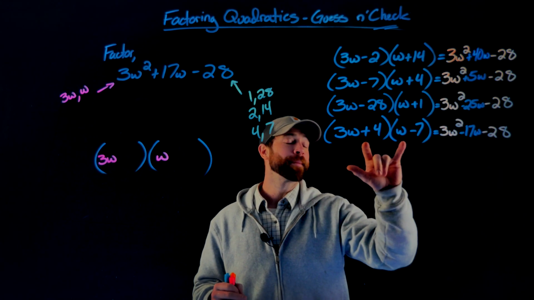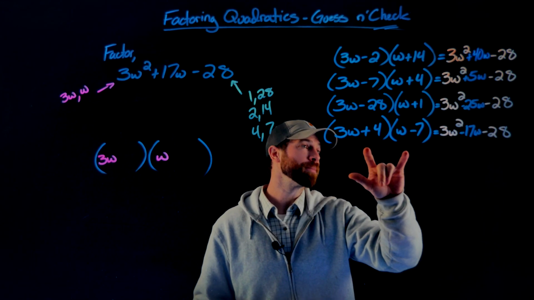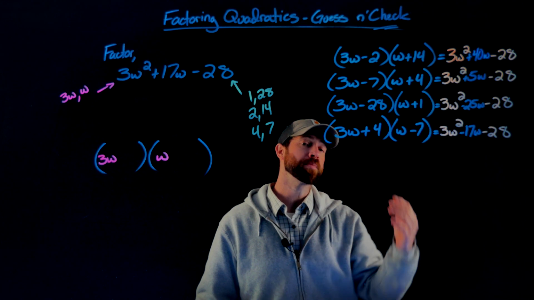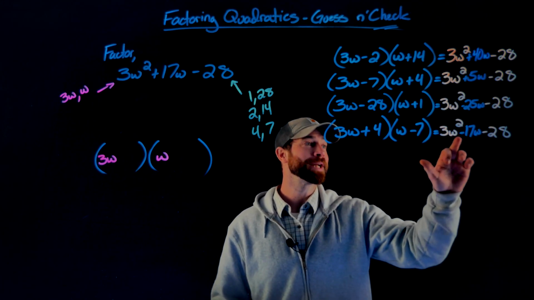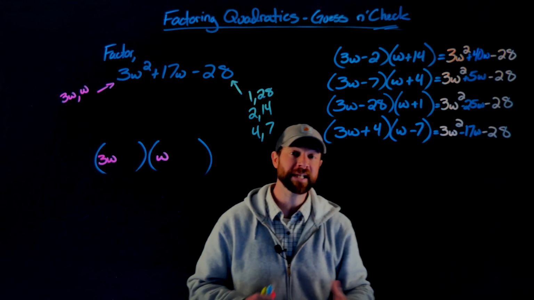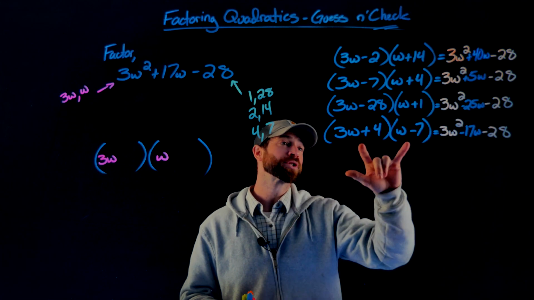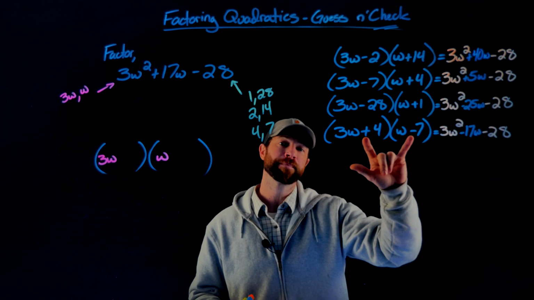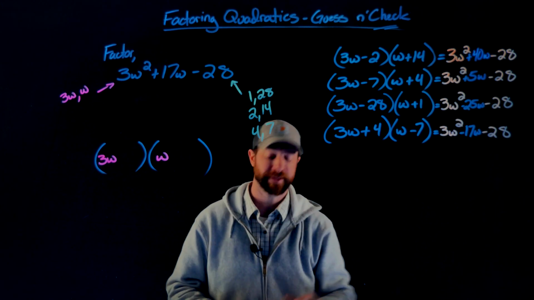If I got an example like this right here, where this is almost the right answer, and it multiplies into 3w squared minus 17w plus negative 28, I'm not looking for a negative 17w, I'm actually looking for a positive 17w. If this ever happens when you're guessing, the way to answer correctly is to simply swap the negative and positive right here between these 2 values, but keeping these numbers in the same place.